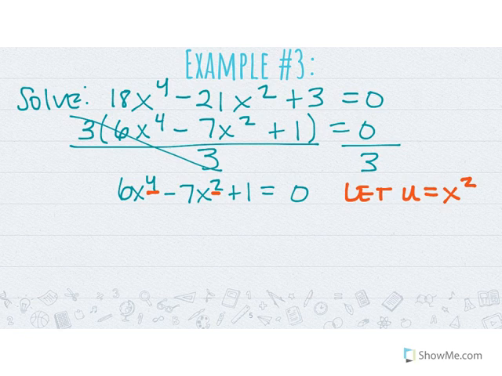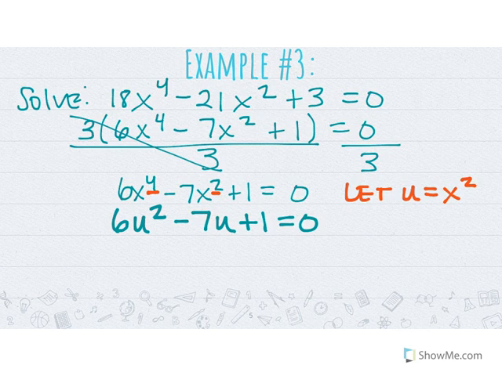Here we have to double it though, so we're plugging in u, and this one has to be squared because then x squared times 2 will get me my x to the fourth, minus my 7u plus 1 equals 0.